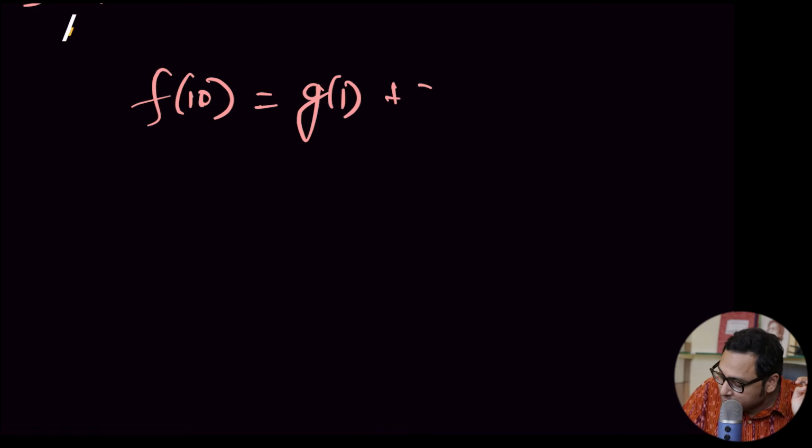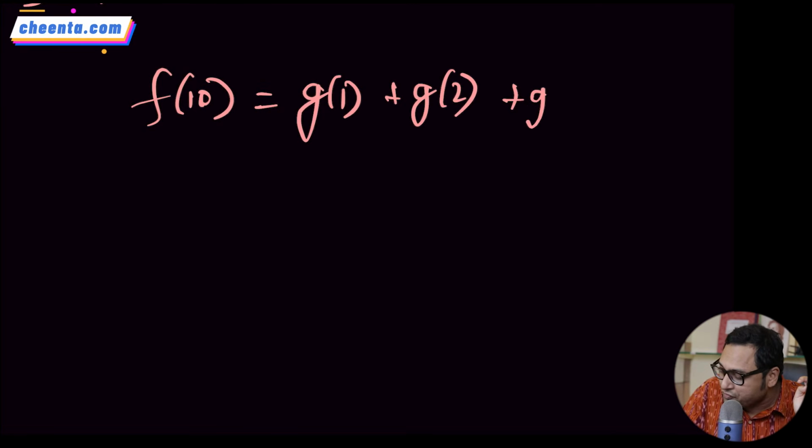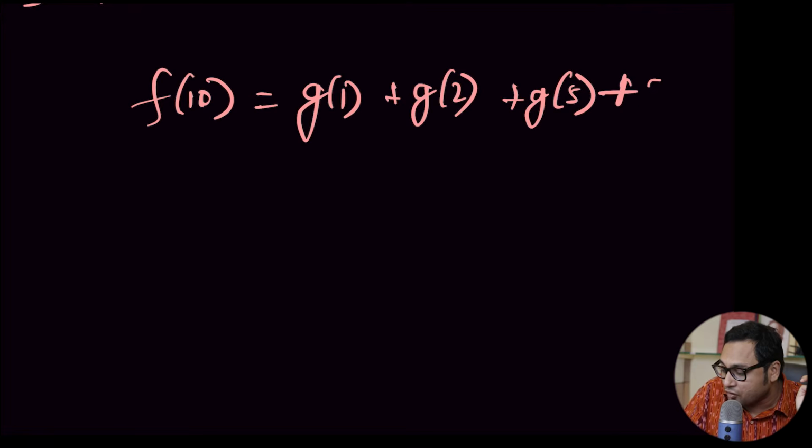Isn't that wonderful? I just factorized f of 10 in terms of G of 1, G of 2, G of 5 and G of 10. So I could write f of 10 as a sum of G of 1 plus G of 2 plus G of 5 plus G of 10.